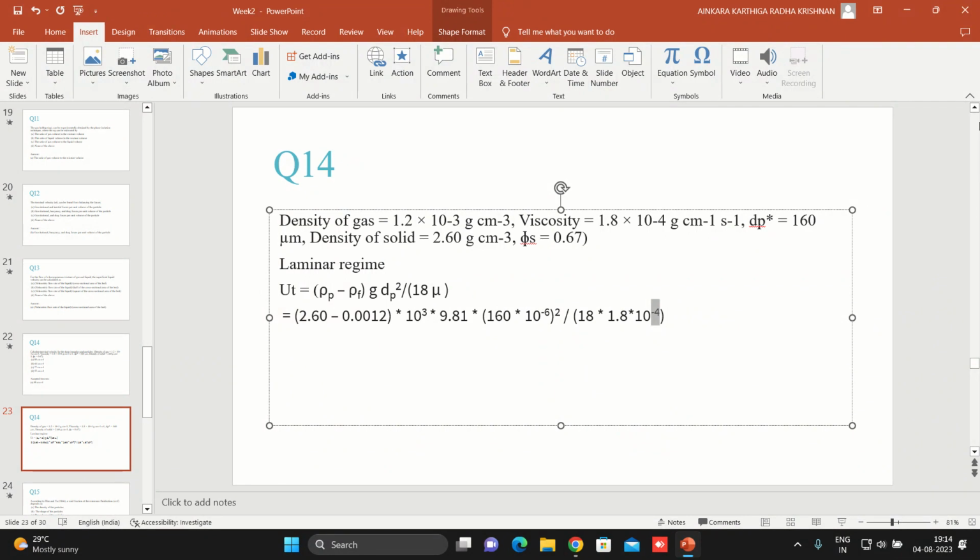It would be 2.6 minus 0.0012 into 10 power 3, 9.81 into 160 into 160.